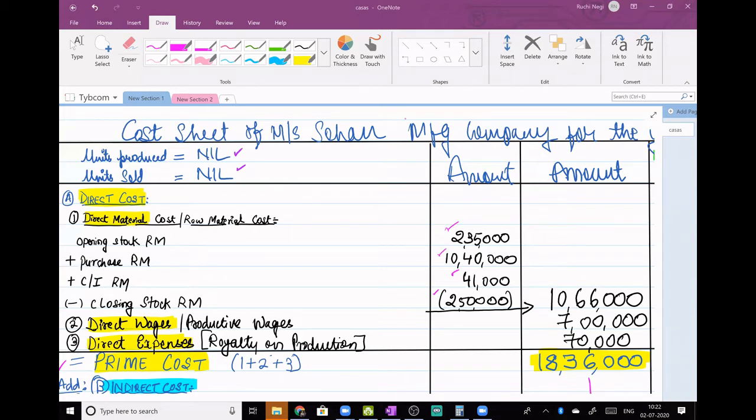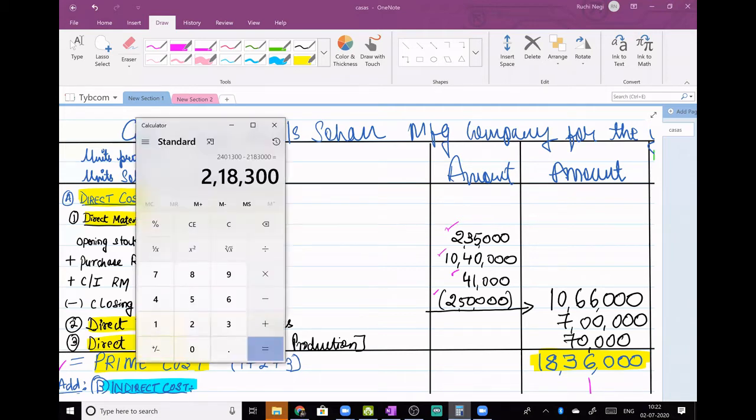Closing stock of raw material, 2,50,000. Now let us see the calculation. 2,35,000 opening plus 10,40,000 raw material purchase plus 41,000 carriage inward minus 2,50,000 closing stock of raw material.